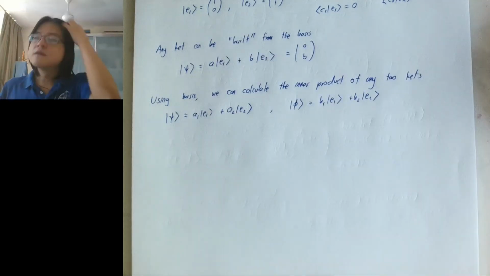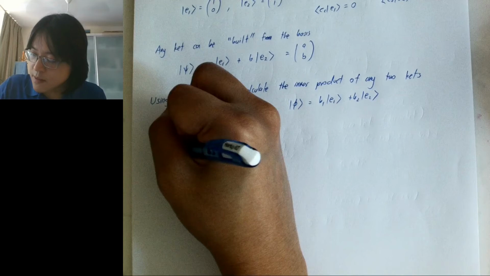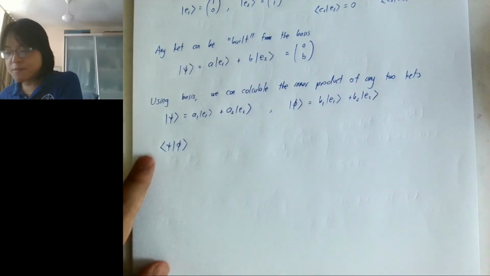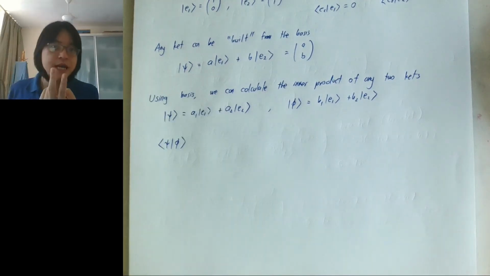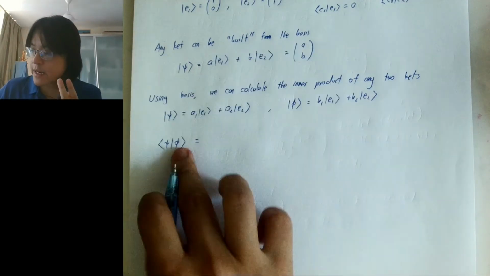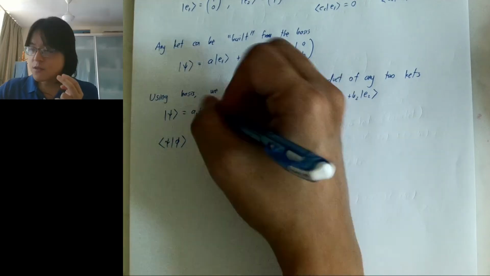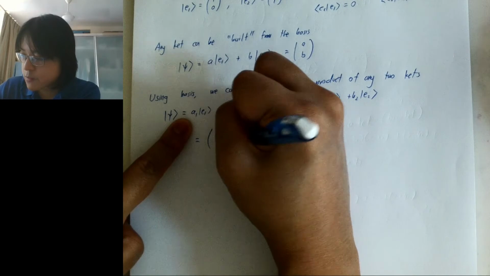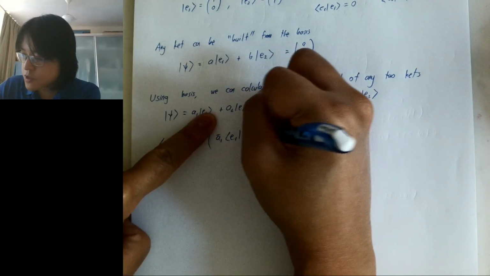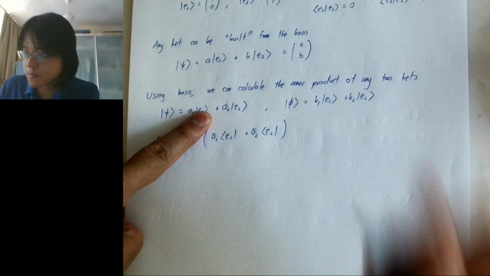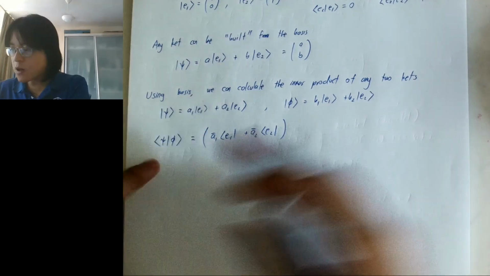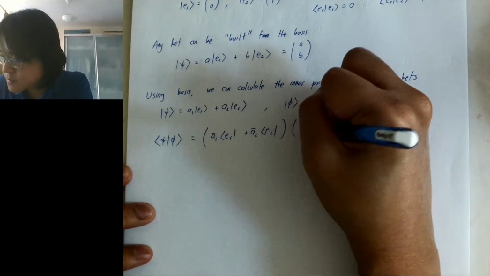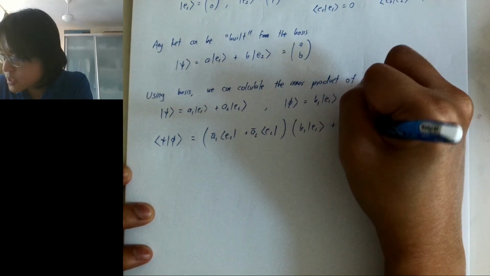So what is the inner product, the bracket of psi and phi? This means I flip with the dagger, and then I combine with this. Flipping with the dagger means this becomes A1 conjugate E1, and this is A2 conjugate E2, and then I combine with this ket over here, B1 E1 plus B2 E2.